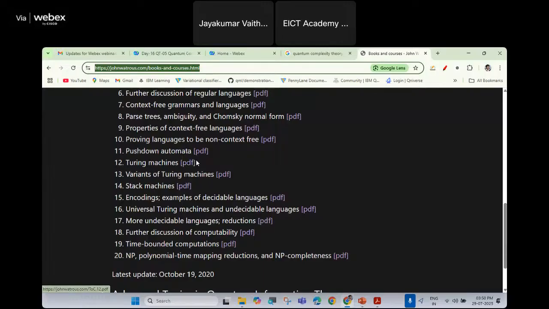It explains the additional complexity of our existing problems. Understanding theory of computation will give a much better understanding of quantum computing.